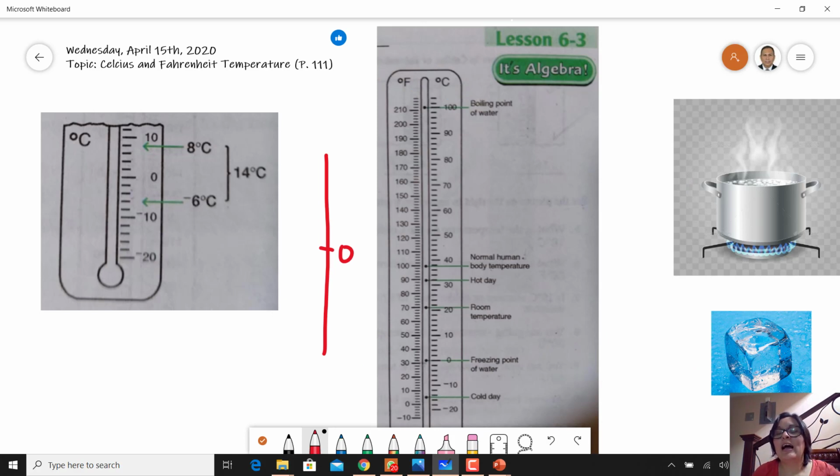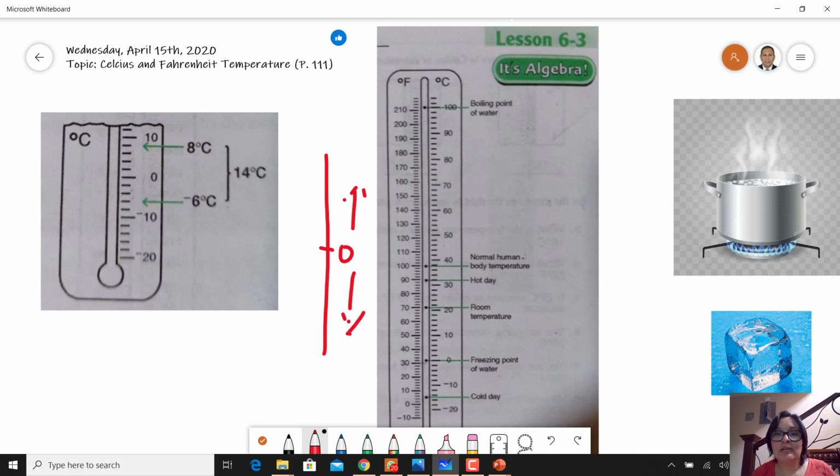Okay, before continuing, another thing that I want you to understand is that in a thermometer, or talking about temperature, we can have temperatures over 0 and also temperatures under 0.